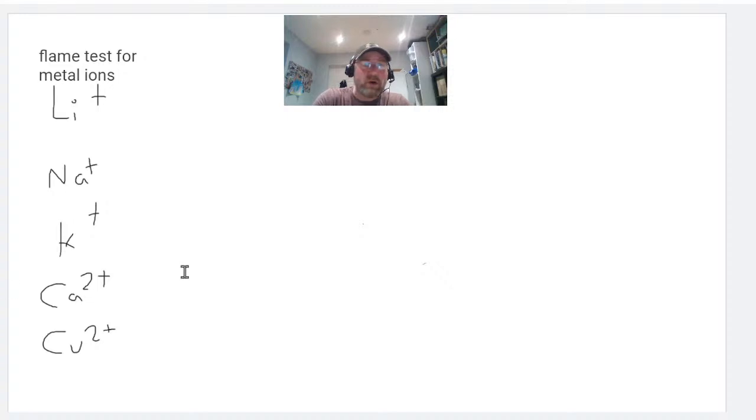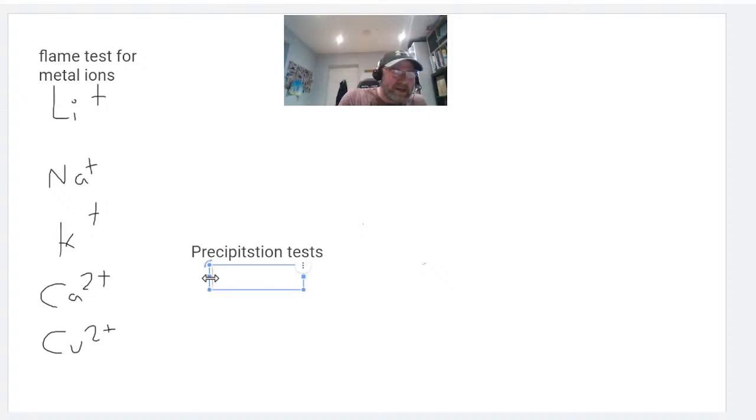Some metal ions don't have a colored flame, so we have another way by precipitation. Now, precipitation tests will allow you to identify some other ones. So, does anyone know the chemical we add in a precipitation test? I'll go over the chloride test in a sec.